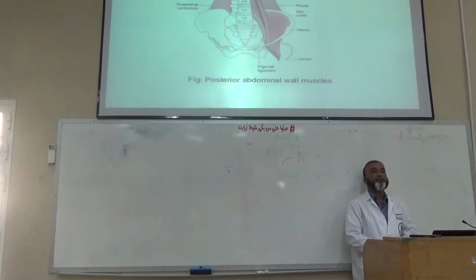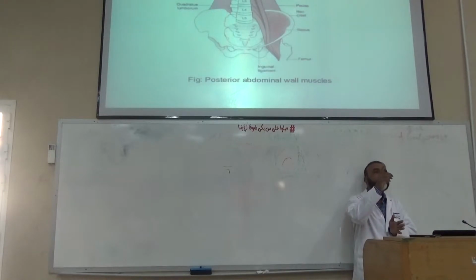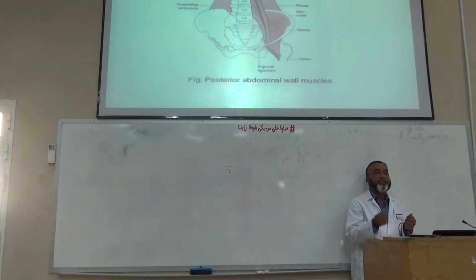This shows the posterior abdominal wall. In the midline, if you see, there are the 5 lumbar vertebrae and discs between them, and if you move laterally, we have the 12th rib. We have a pair of ribs on each side, that is the 12th pair of ribs, and then we have the psoas major muscle, and further laterally the quadratus lumborum muscle.